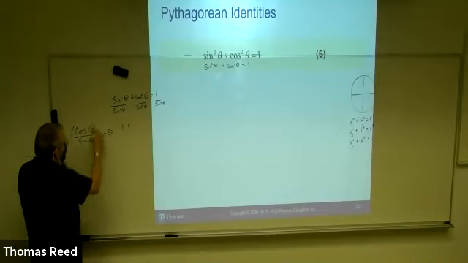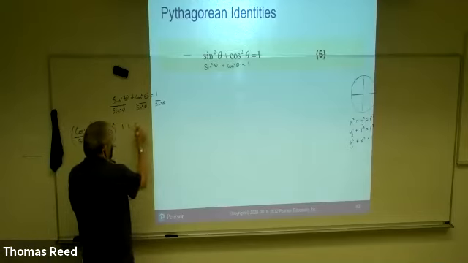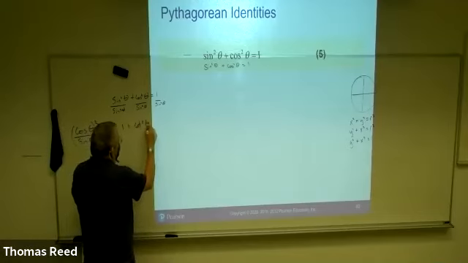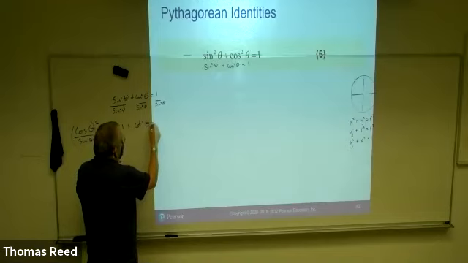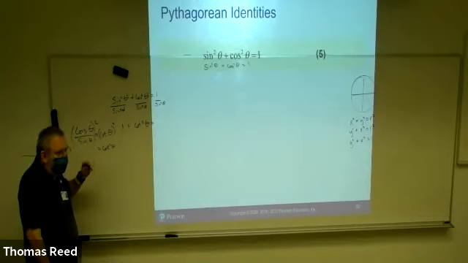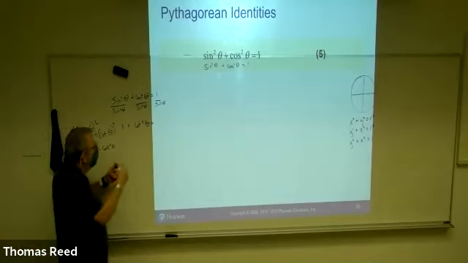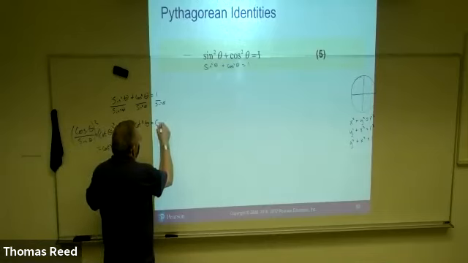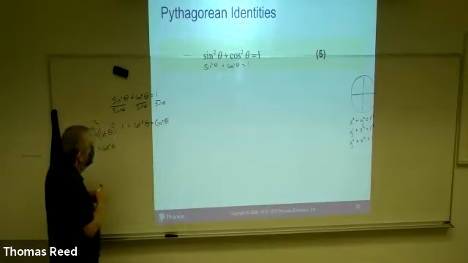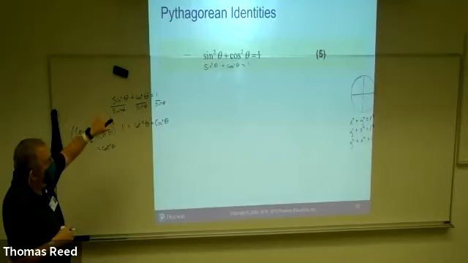All right, and if I square both sides, I get cotangent squared theta. And what's 1 over sine? What's the reciprocal of sine? Cosecant. So this will be cosecant squared. And that gives us our next Pythagorean identity.